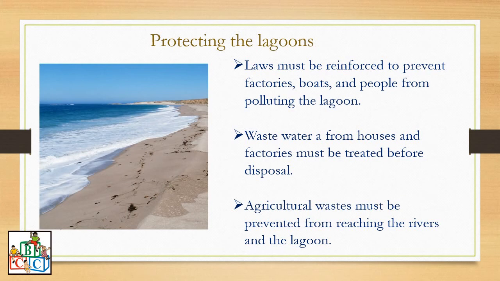Agricultural waste must be prevented from reaching the rivers and the lagoon. And people should be more responsible and not pollute rivers, which will in turn affect the lagoons.